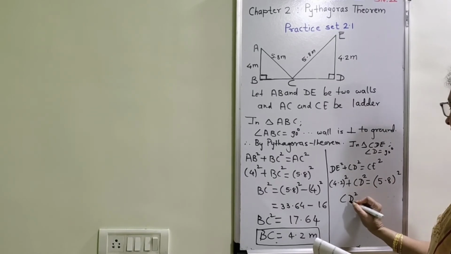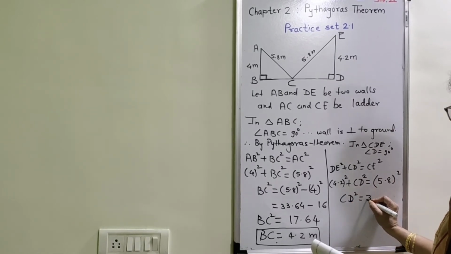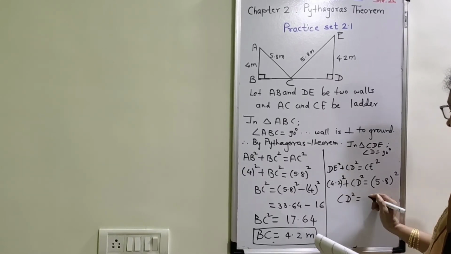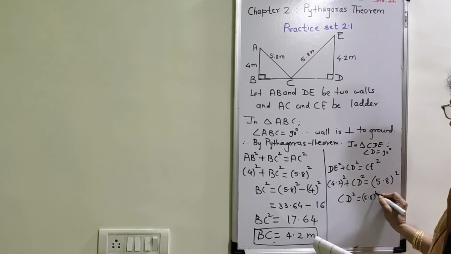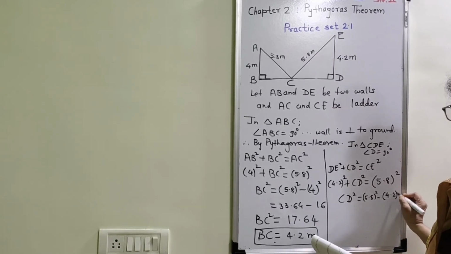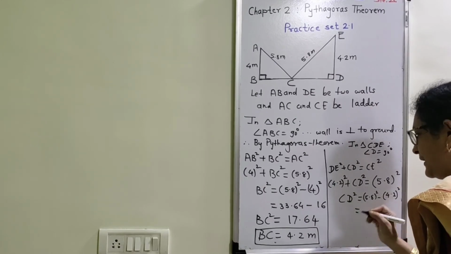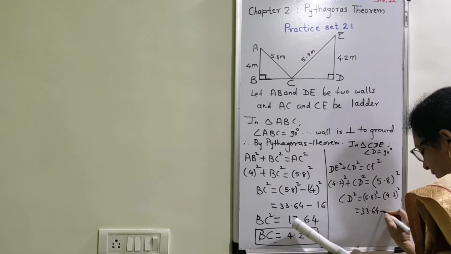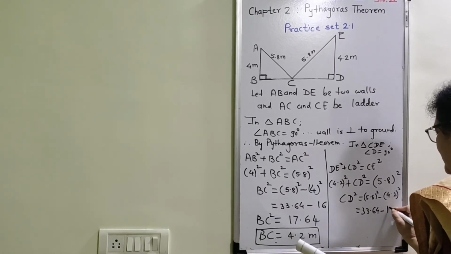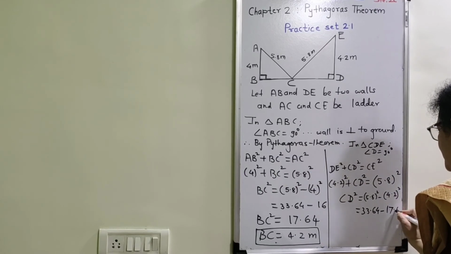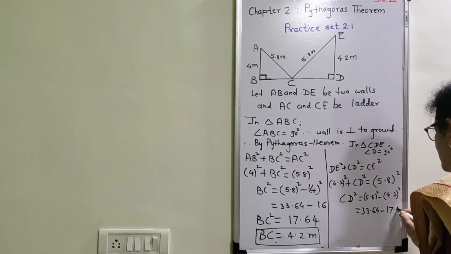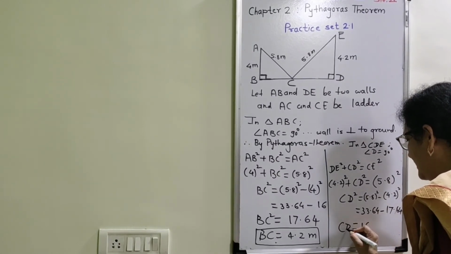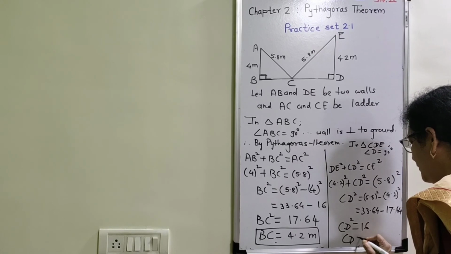Therefore CD square is equal to 5.8 square minus 4.2 square. We know that 5.8 square is 33.64 and 4.2 square is equal to 17.64. The subtraction is 16, and therefore CD is equal to 4 meter.